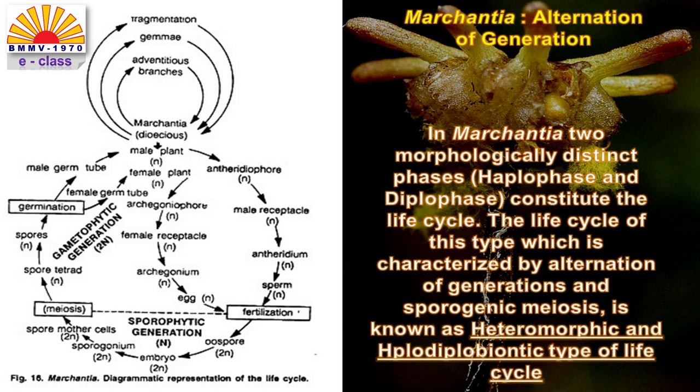This type of life cycle, which is represented by two morphologically different types of generations, where the gametophytic generation is a haploid generation and the sporophytic generation is a diploid generation, is known as heteromorphic haplo-diplobiontic type of life cycle. That is why Marchantia shows heteromorphic and haplo-diplobiontic type of life cycle.